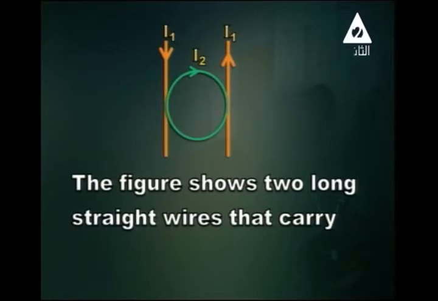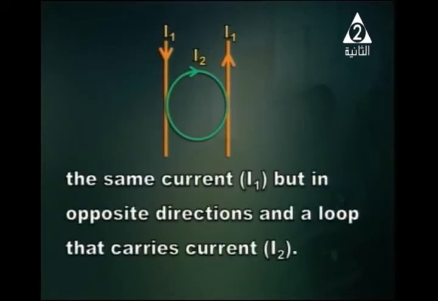The figure shows two long straight wires that carry currents of the same intensity denoted by I1 but in opposite directions, and a loop that carries a current I2. They are placed in one plane, as shown in front of you.